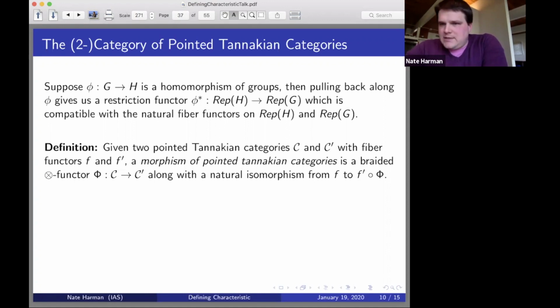So I think this is the obvious notion of what a map between categories equipped with a fiber functor should be, hopefully.